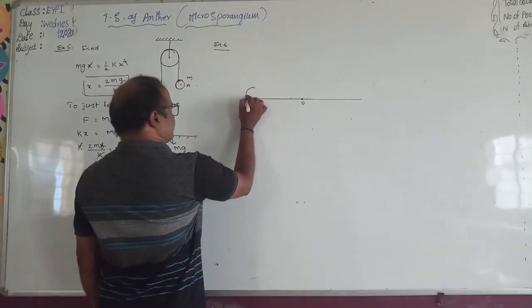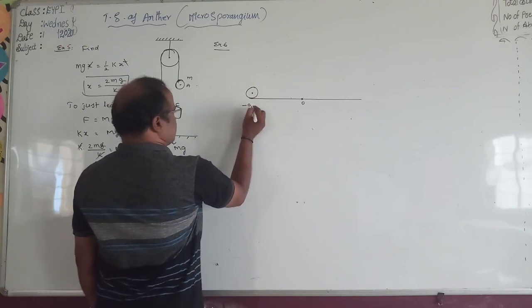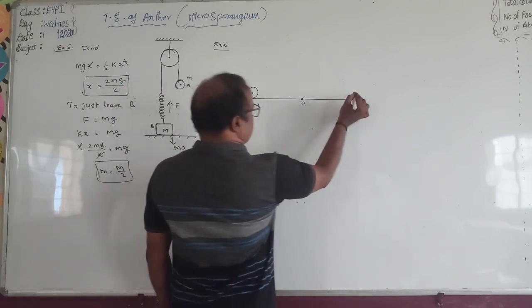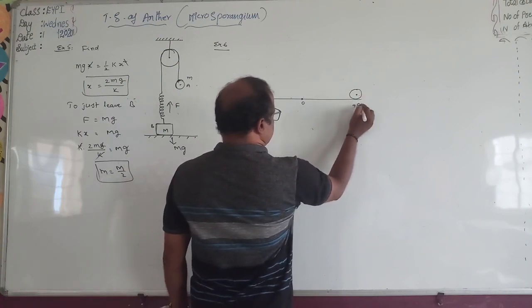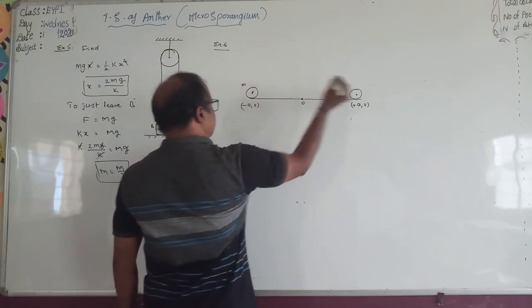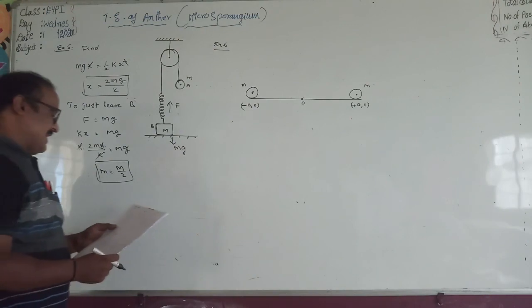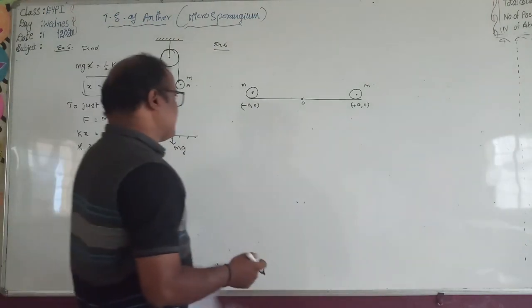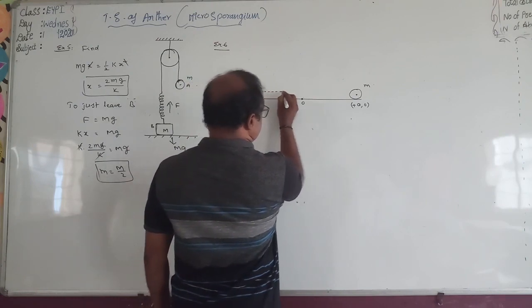Here there is one block, and its coordinates are minus a comma 0. There is another block lying on the x-axis at this position, whose coordinates are plus a comma 0. The masses of both blocks are m and m. These two are connected by a light string initially.